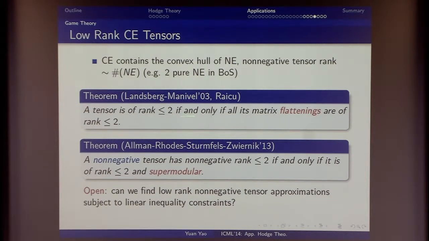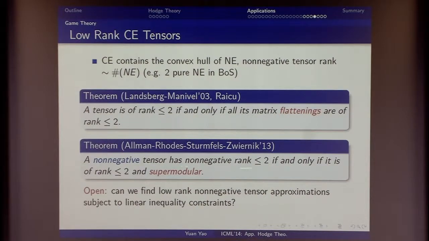But a tensor is rank at most 2 if and only if all its matrix flattenings have rank at most 2. So that means if you have a tensor of rank at most 2, you can easily look at all its matrix flattenings and use matrix linear algebra like SVD to find such a low rank tensor.